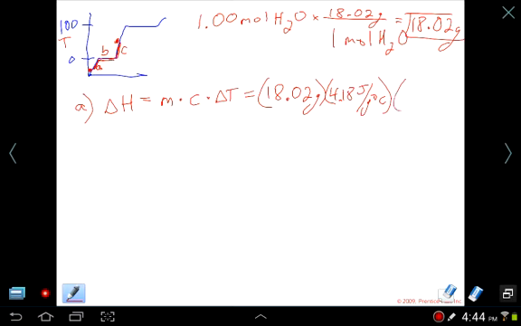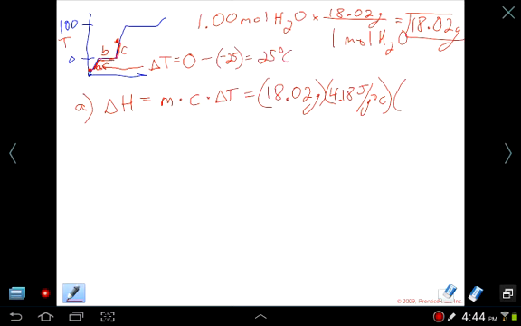And then finally, our temperature change is from negative 25 up to 0. So the delta T in this case, you can say final minus initial, so 0 minus negative 25, essentially you get 25 degrees Celsius.